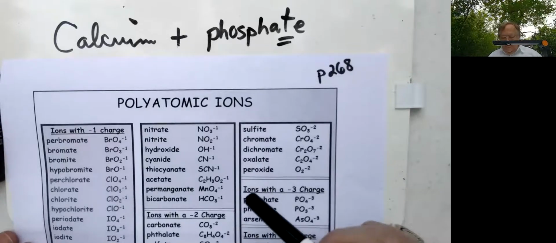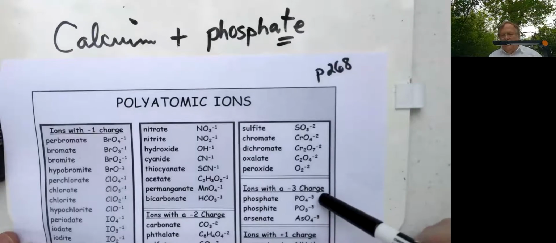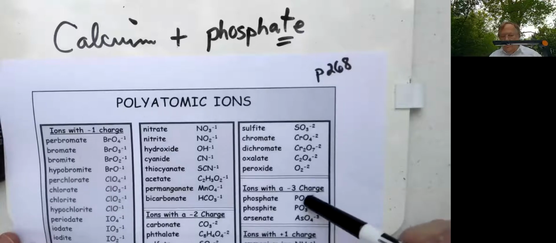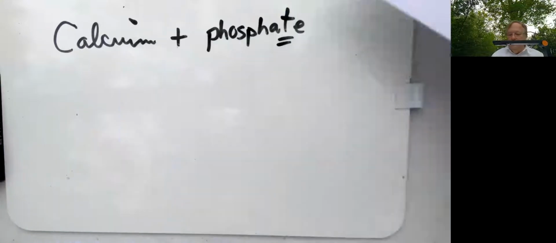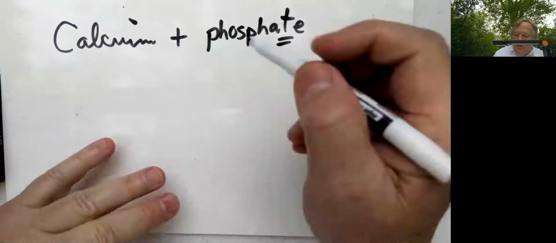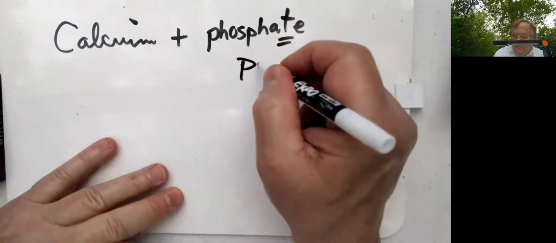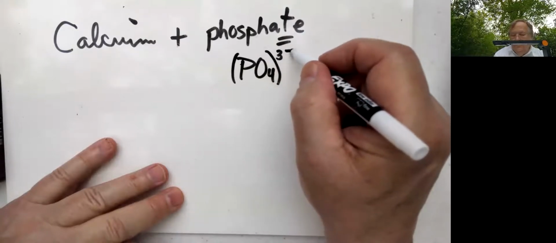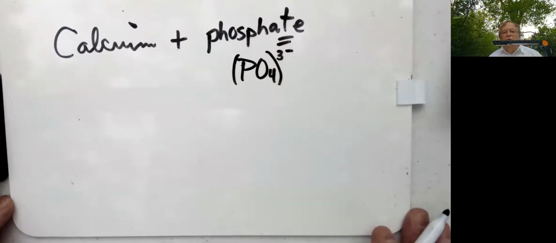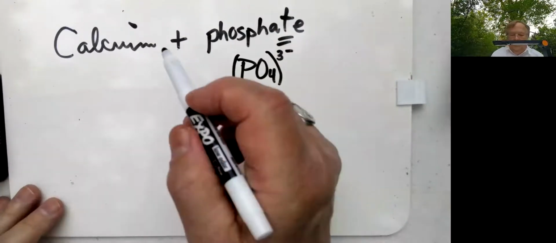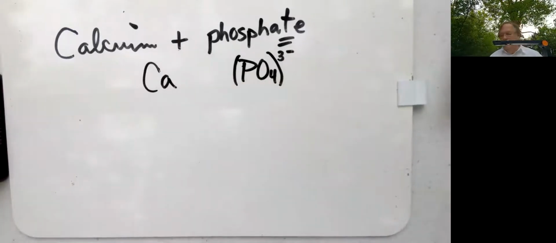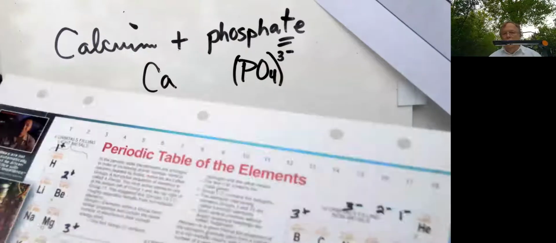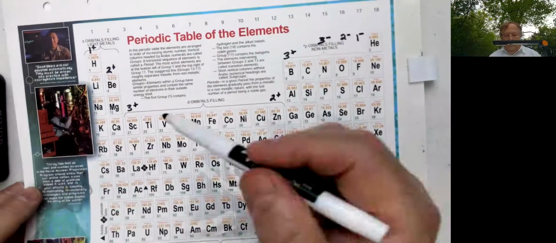Okay, so I see here phosphate is a -3 charge on it. And remember that ATE tells me I'm using the one with 4 oxygens. So this is PO4. And I can use my training wheels here. If you get to the point where you don't need those training wheels, you're doing great. And then calcium. Calcium is +2.